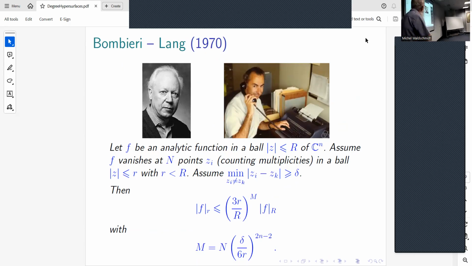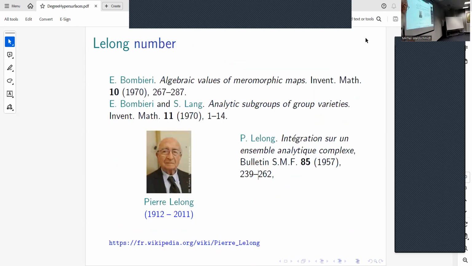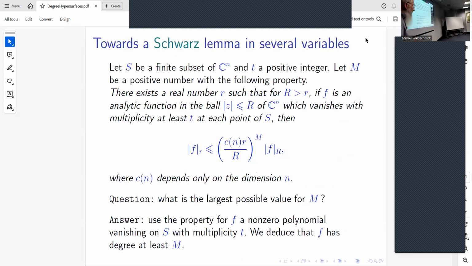Bombieri and Lang had a preliminary paper where they used something called the Bergman measure, so they used deep functions of complex analysis in several variables. But after that, there are a lot of tools which were used, in particular the L2 estimates that Bombieri used.